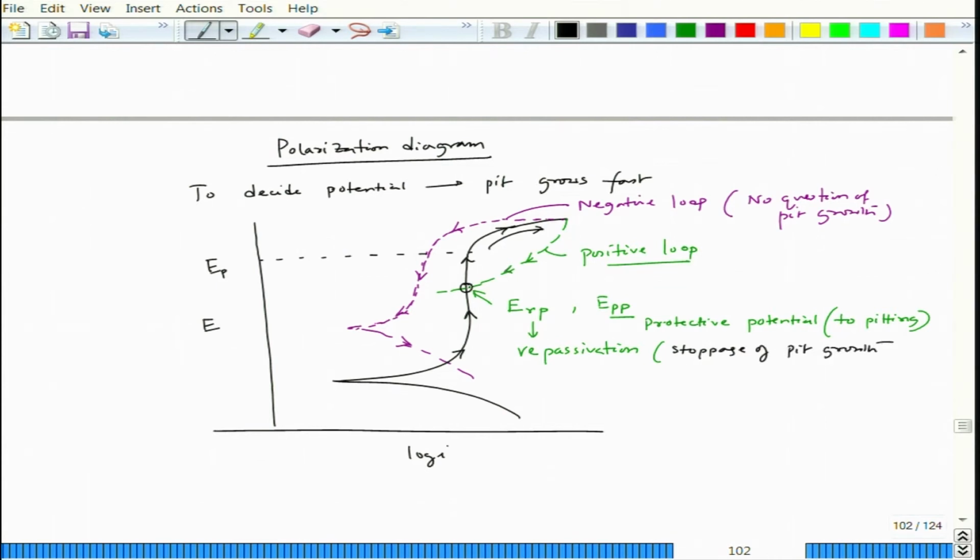Now, if we go this way, that means this is moving like this. Okay. Now, between this and this, sometimes we do experience a small serration in the graph, and those serrations are actually nothing but metastable pits.